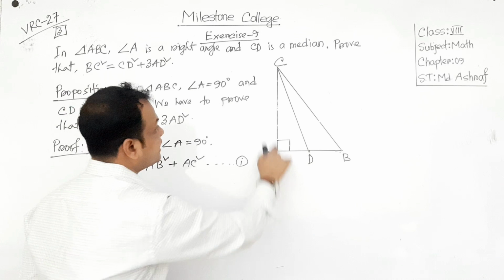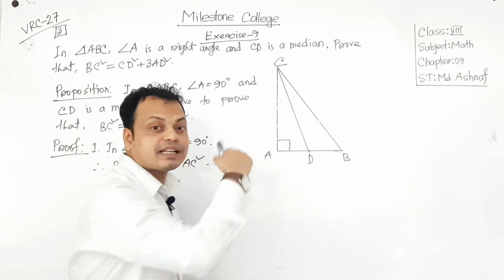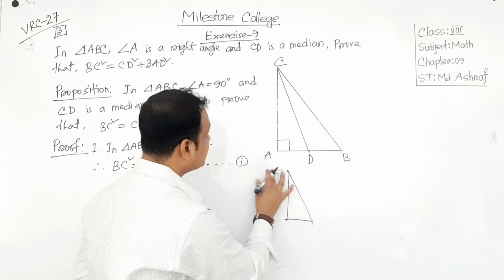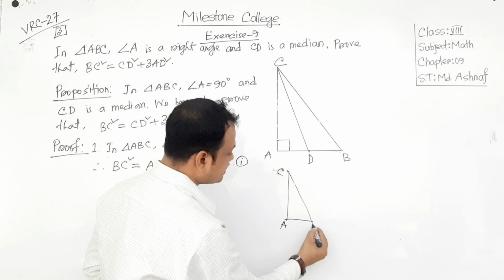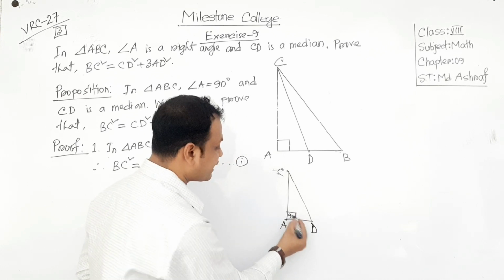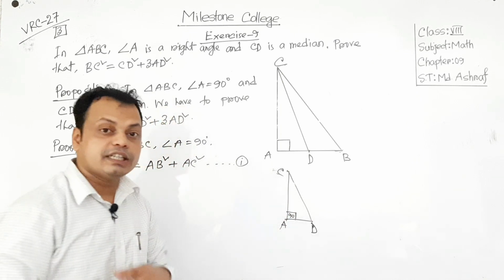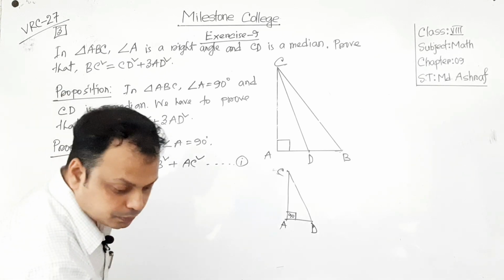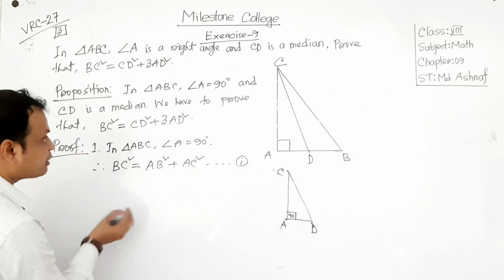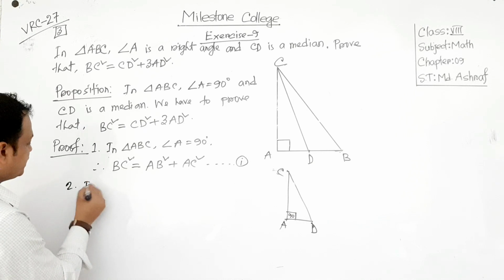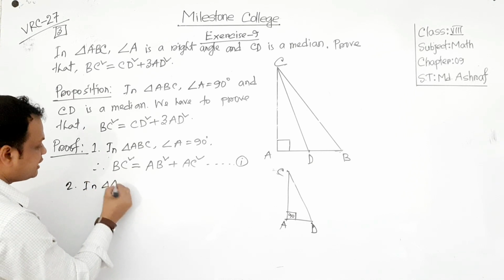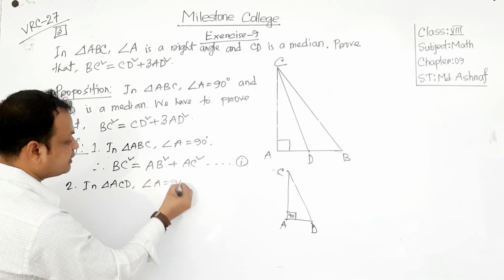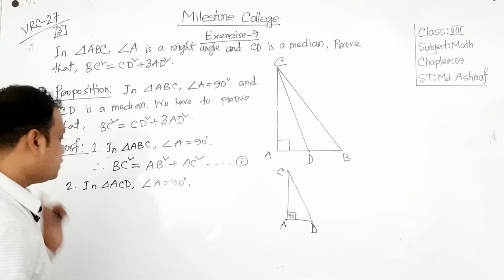Again, consider the triangle ACD. ACD is another right angle triangle, where this angle is 90 degree. So we can write, as the second point, in triangle ACD, angle A equals 90 degree.